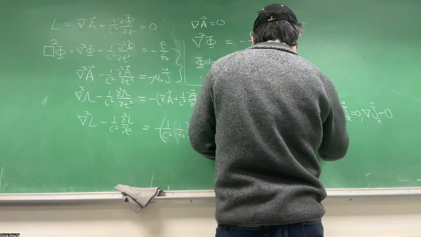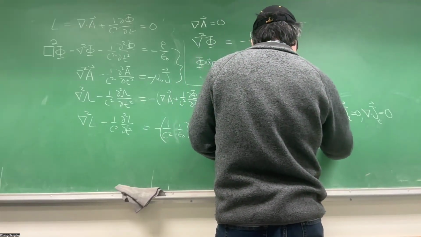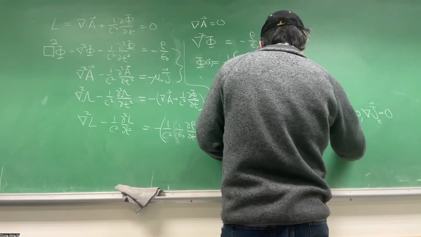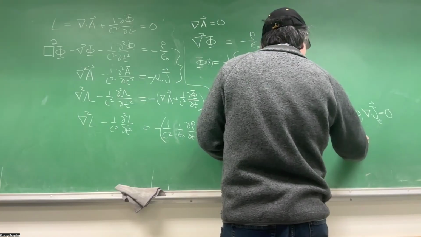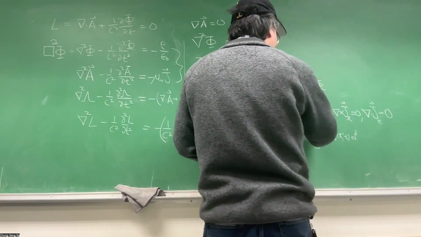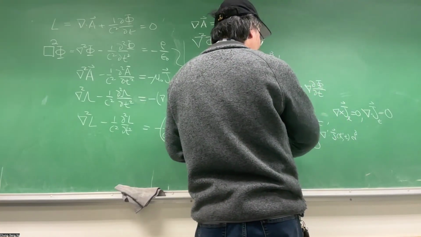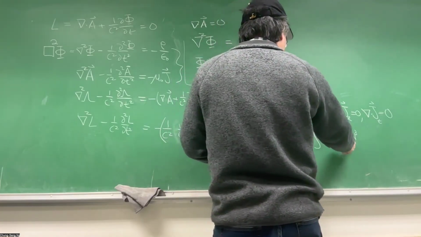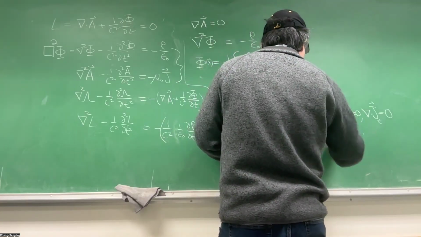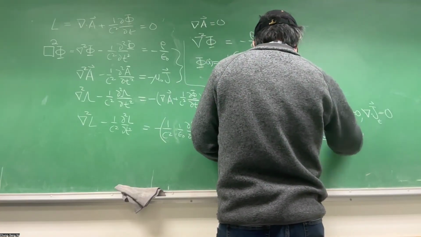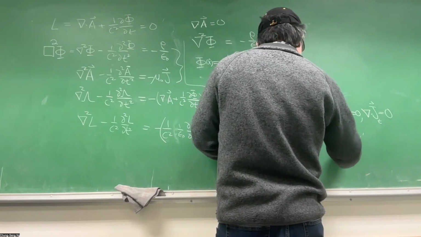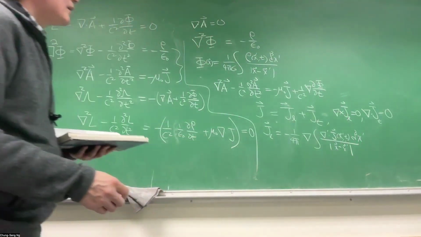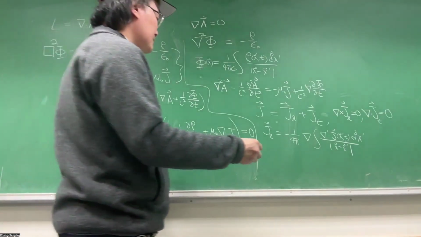Gradient of divergence of G(x'). For any arbitrary mathematical function, you don't have a t. This is just for us, we have a t. But for an ordinary vector field, it's just x prime. So that's the longitudinal term.